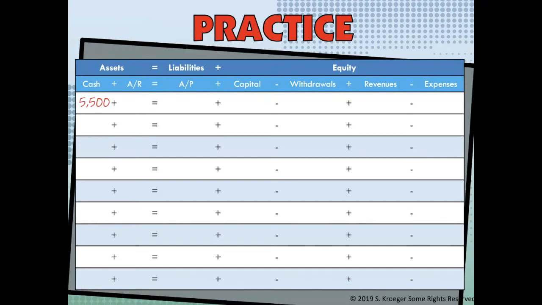Why did we get cash? Why did someone give us money? It's because we made a sale. That would go under revenues, 5,500. The accounting equation works as everything on the left side of the equal sign needs to equal the right side. 5,500 on the left side equaling 5,500 on the right side.